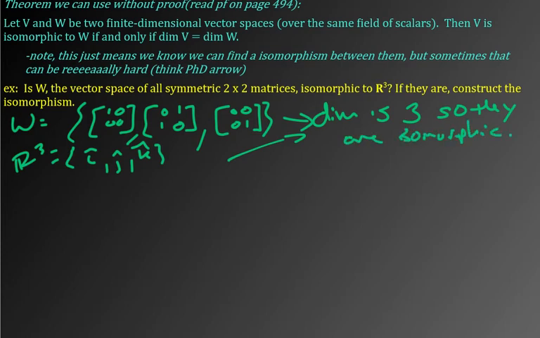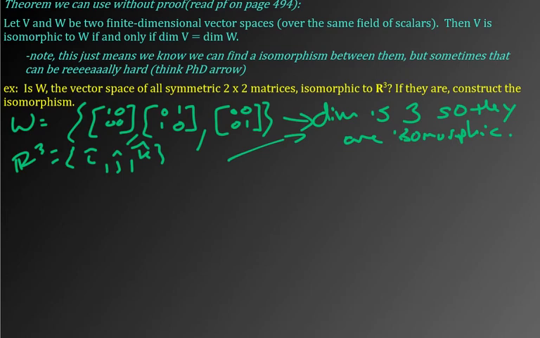But sometimes it is hard to think about how we would send the two spaces back and forth to each other. Here, the way that we would do it is actually not so bad. This is a nice, easier example, but they can get really, really complicated.